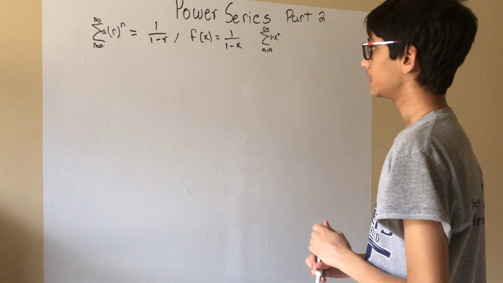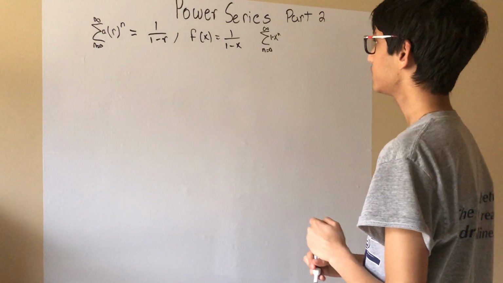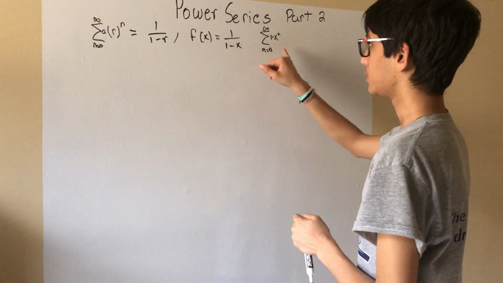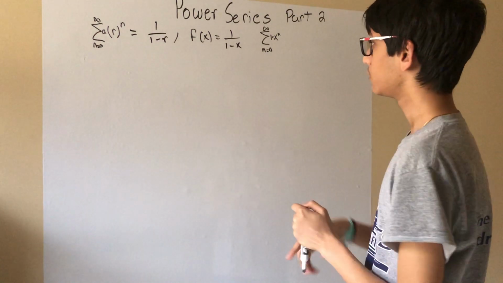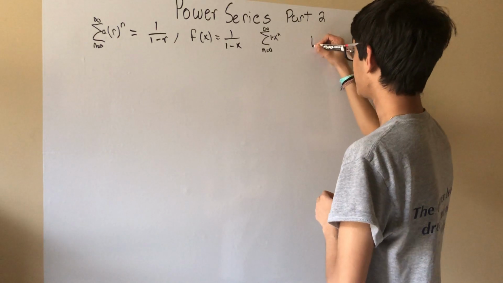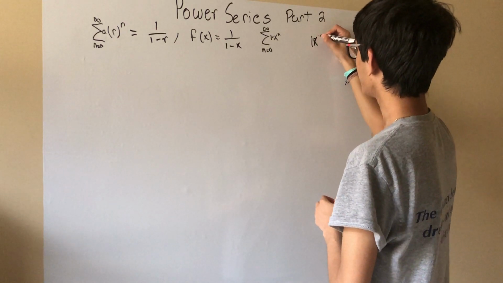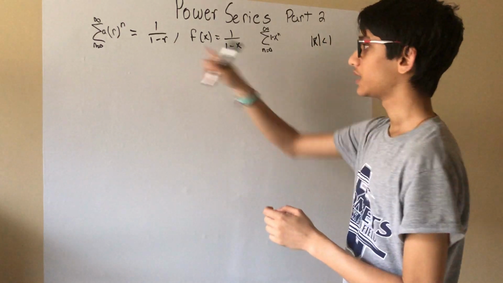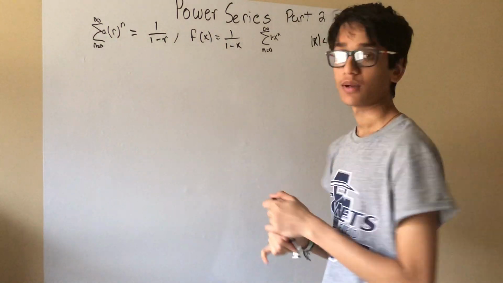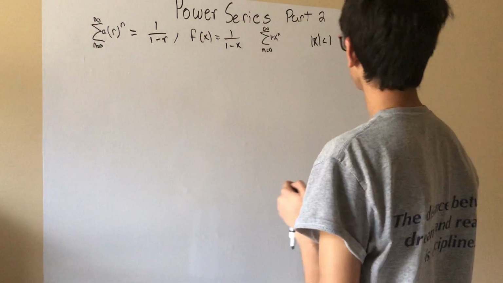And this is very important because this proves that that over there is equal to this. But we know that this value would converge only if the absolute value of x is less than 1, because that's the requirement for this to equal this, if you remember from simple geometric series.